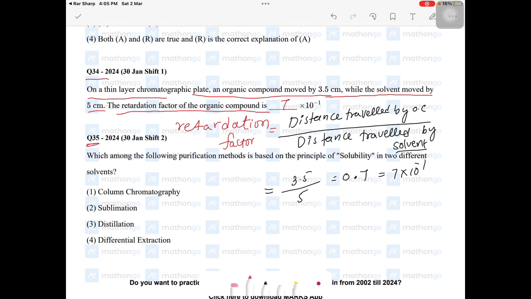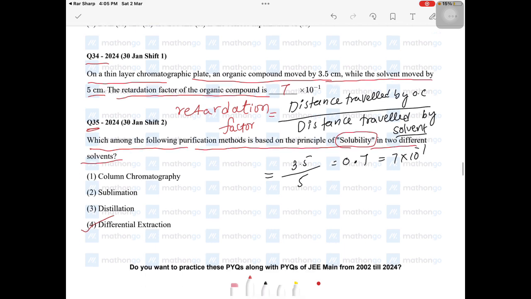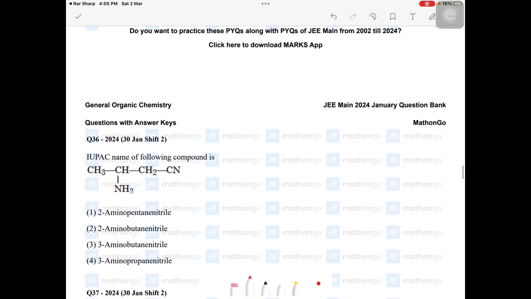Question number 35. Which among the following purification methods is based on the principle of solubility in two different solvents? So differential extraction is correct. 36.